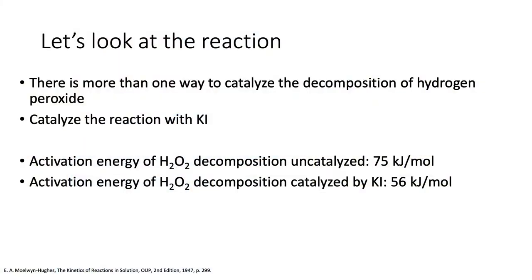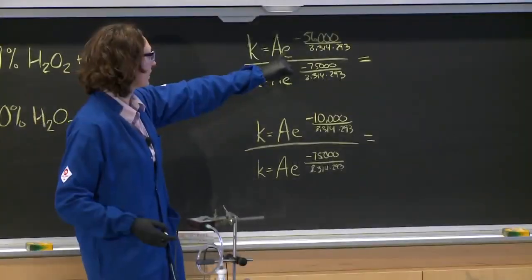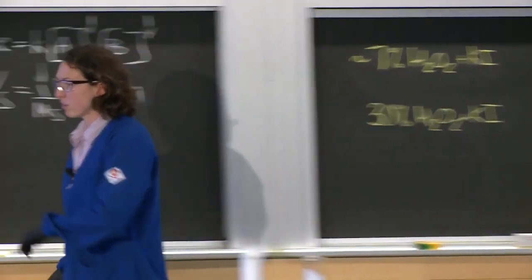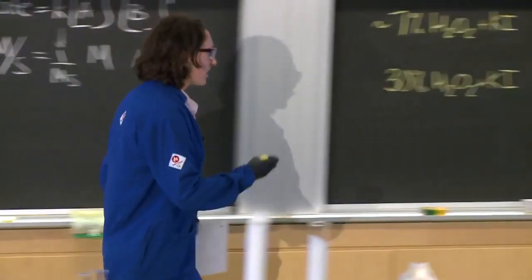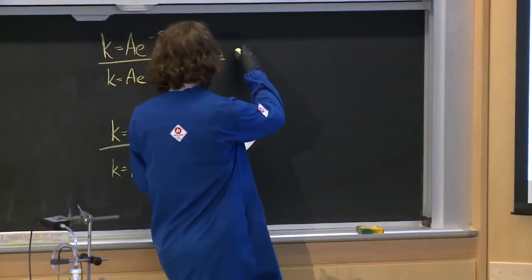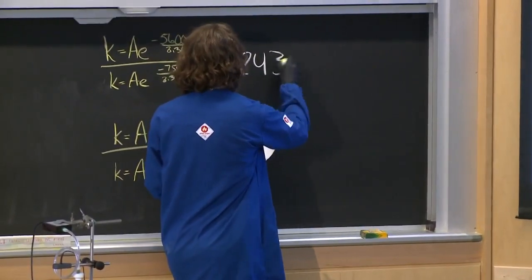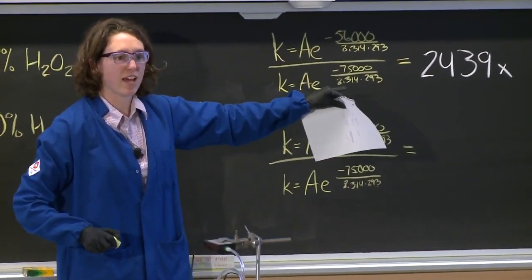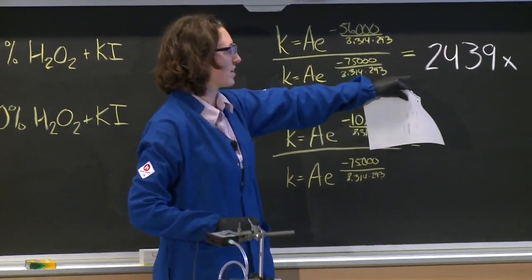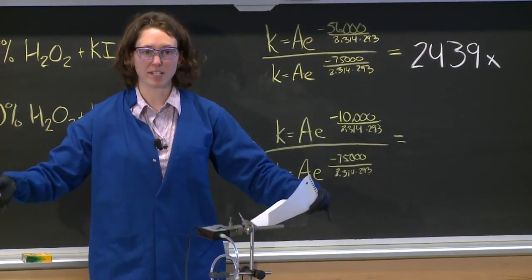And then the activation energy of the decomposition as catalyzed by potassium iodide is about 56 kilojoules per mole, so it lowers it and makes the reaction go faster. If you do this math out, it is about 2,500 times faster, or 2,400 times faster than what would happen in nature.